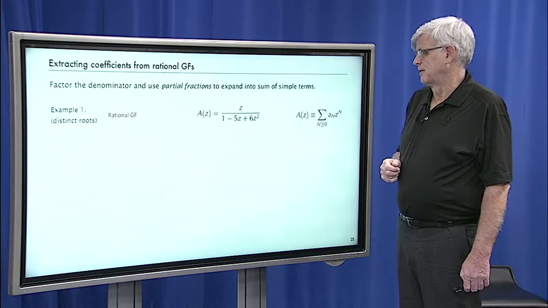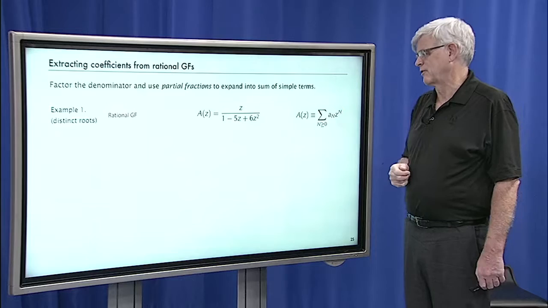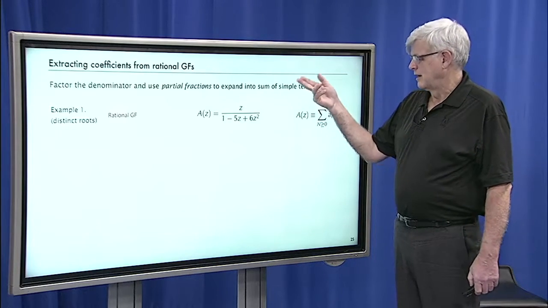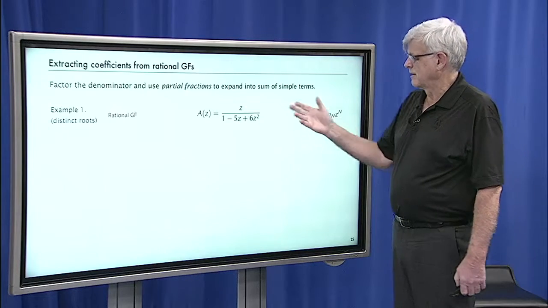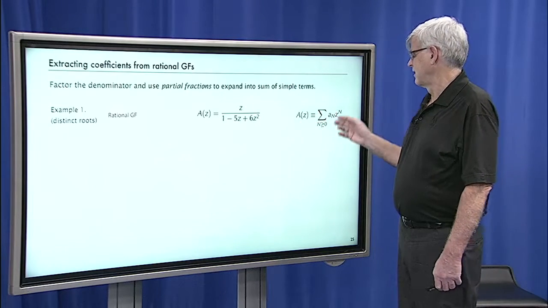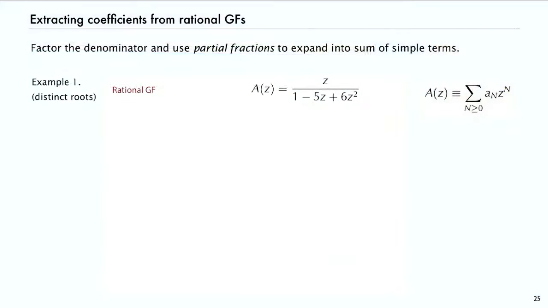Here's a simple example. So if we have this rational generating function, z over 1 minus 5z plus 6z squared, and it's complex, and we're going to be interested in the coefficient of z to the n. So what we do is we factor the polynomial in the denominator. So in this case it's 1 minus 3z, 1 minus 2z.